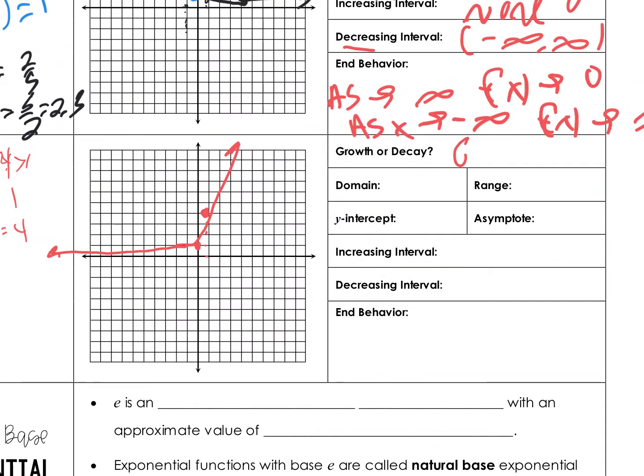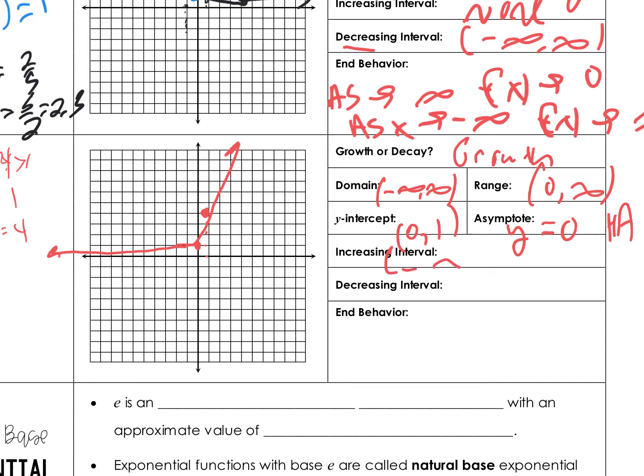It's a growth. Domain is negative infinity to infinity. Range is 0 to infinity. 0, 1 is the y-intercept, and y equal to 0 is your horizontal asymptote. It increases all the time from left to right.